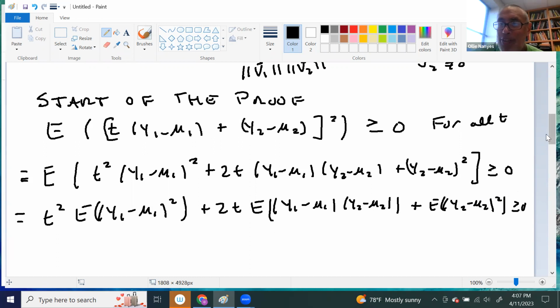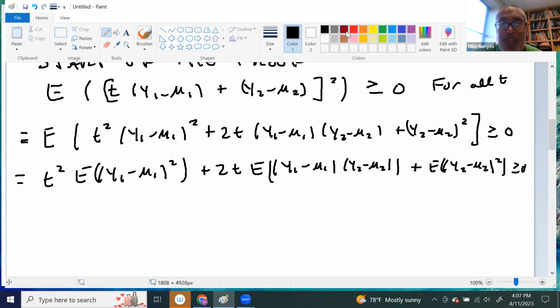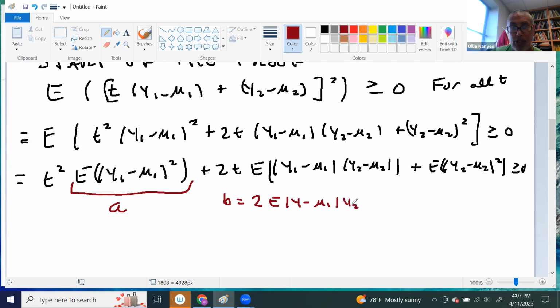Now here is where things get fun. Each of these coefficients is going to be a real number. I'm going to call the first one A, the expectation of (y1 minus mu1) squared. By B, I'm going to set that equal to 2 times the expectation of (y1 minus mu1)(y2 minus mu2), which is a covariance, of course. And by C, I want to call that the expectation of (y2 minus mu2) squared.